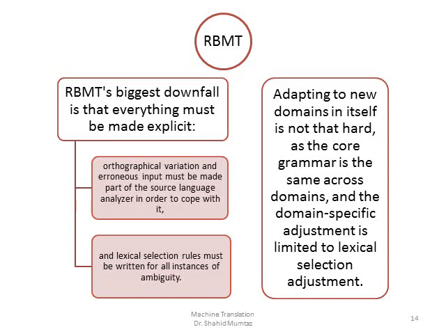Adapting to new domains in itself is not that hard, because if you move from weather reports to the health department or to the education department, translation about different professions is not that hard, because the grammar is the same across domains, and the domain-specific adjustment is limited to lexical selection adjustment.